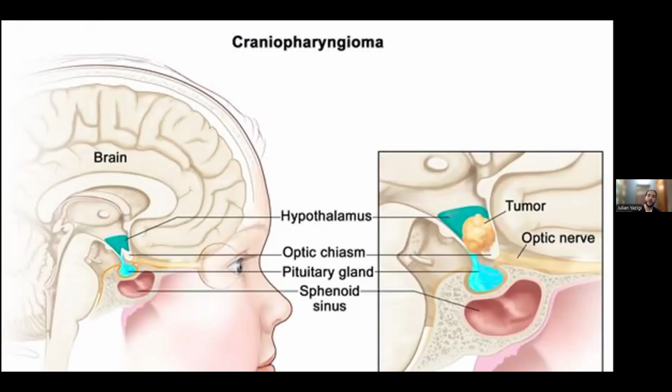Visual symptoms arise from the compression of the optic chiasm, classically producing bitemporal hemianopia, although variations occur depending on the tumor position. Raised intracranial pressure may occur due to obstruction of CSF pathways or due to the mass effect exerted by the tumor. The most important aspect, however, is the neuroendocrine and hypothalamic dysfunction.